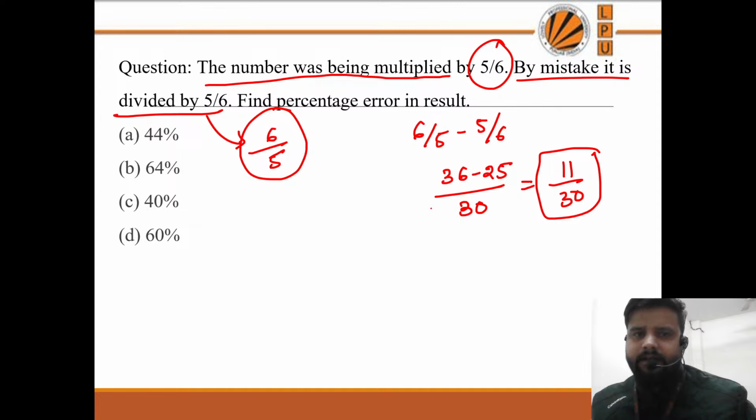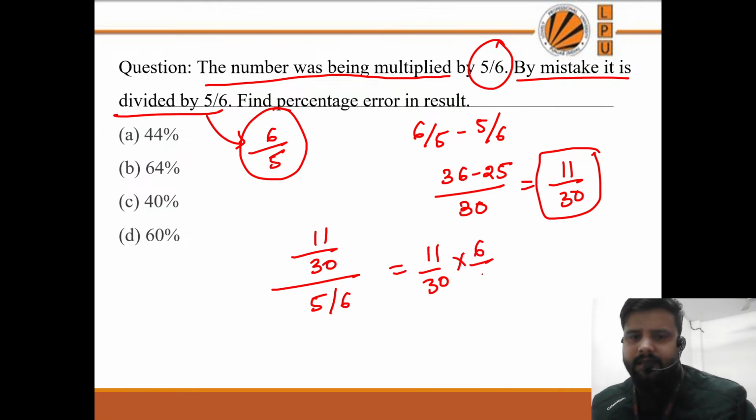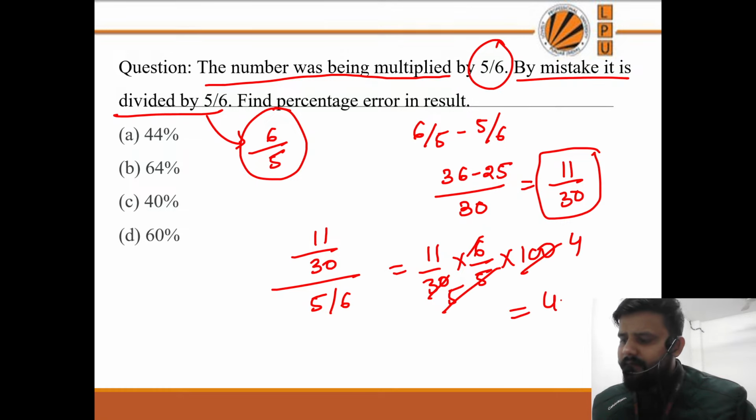This is your error. So error percentage is 11 by 30 divided by 5 by 6. So it is 11 by 30 into 6 by 5. So 6 5 times, and when you multiply it by 100 it will give you percentage value 25 4 times, which is 44%. Simple.